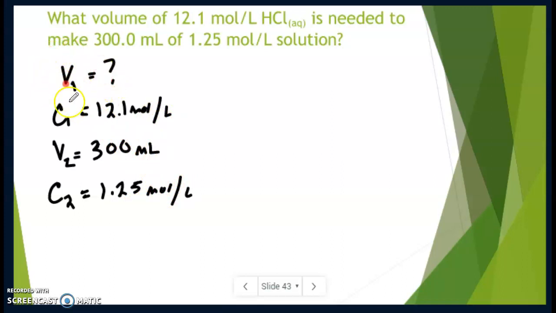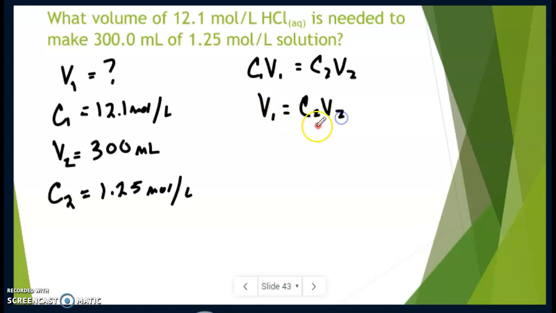We're trying to figure out how much volume of the HCl we initially have that would be required. So we go through our formula, C1V1 equals C2V2. We want to solve for V1, so we rearrange that to be V1 equals C2V2 divided by C1. There's our proper formula. Now we just take what we have and start plugging it in.